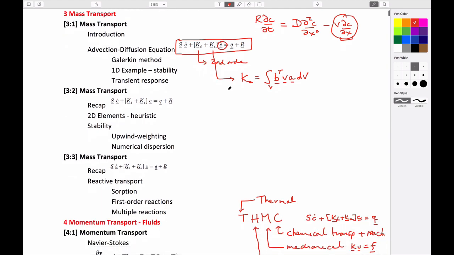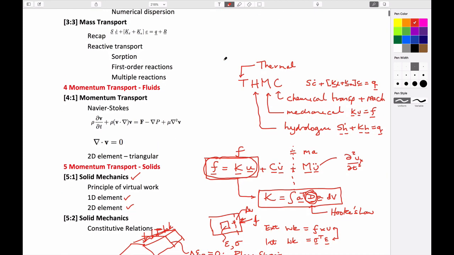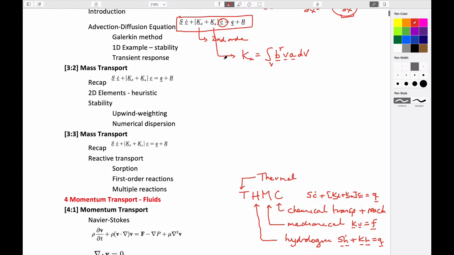So it's no different from that right here. I guess they'll both fit on at the same time. And for thermal, it would actually be equivalent.